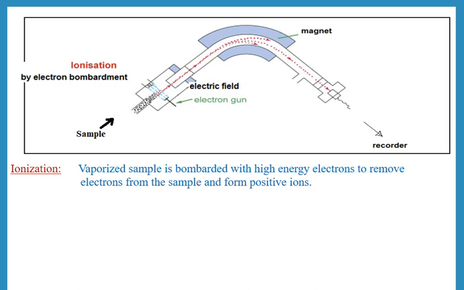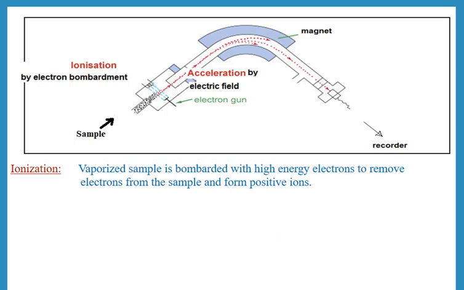These high energy electrons bombard the atoms in the sample. The electrons are removed from the atoms and the atoms are changed into positive ions. This step is called ionization. So that's the first step in mass spectrometry. Next, the positive ions go through an electric field.